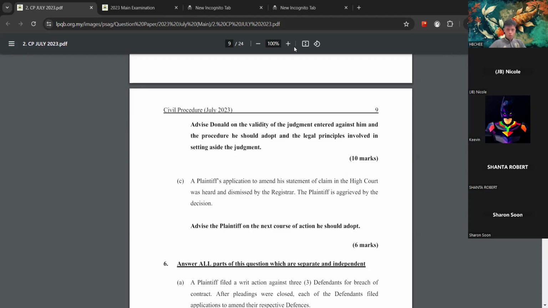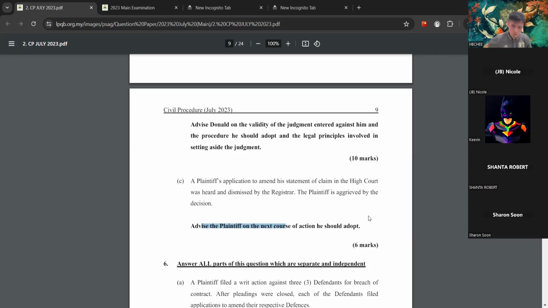Okay, we will move to part C. A plaintiff's application to amend the statement of claim in the High Court was heard and dismissed by the registrar. Now the plaintiff is aggrieved by the decision. Advise the plaintiff on the next course of action that he should adopt. It's a 6 marks question. I guess it's purely copying the order only.